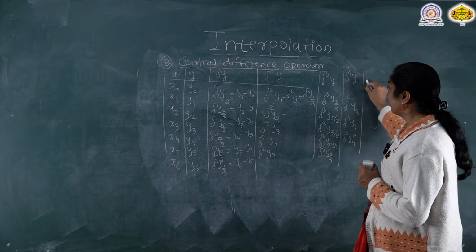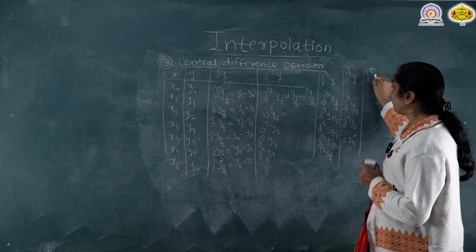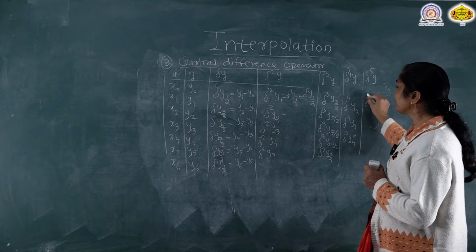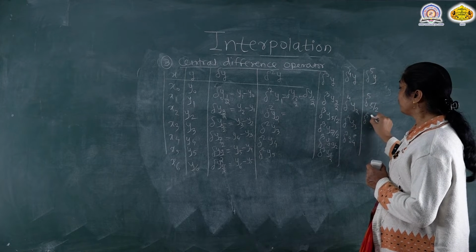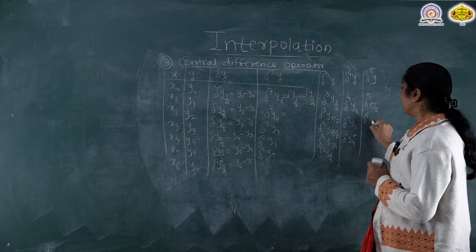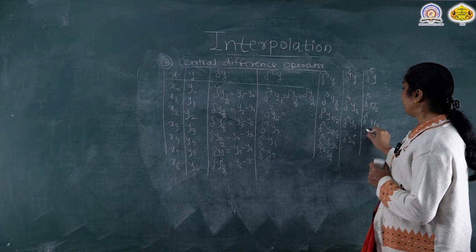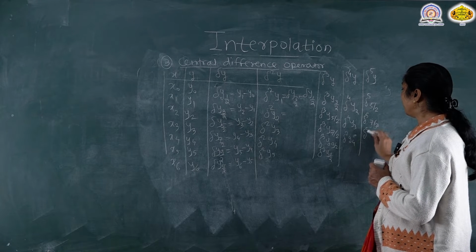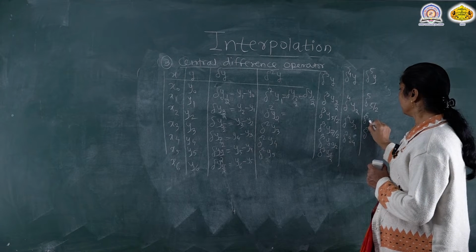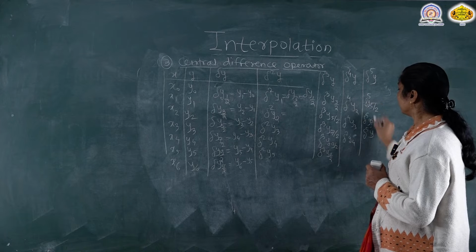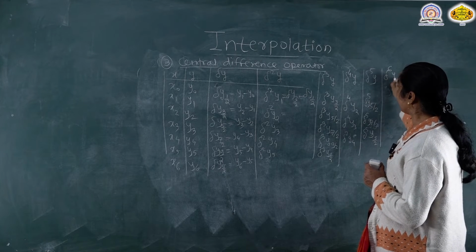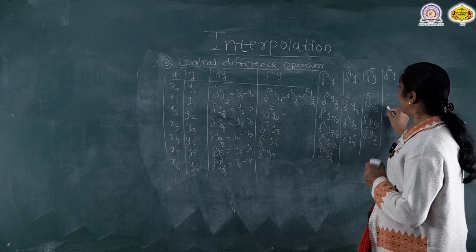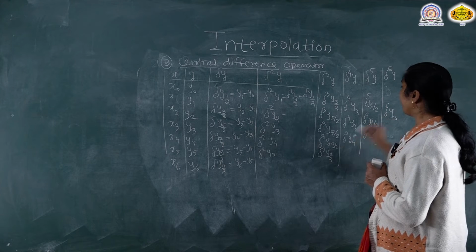When you find delta raised to 5, we will get the values, that is delta raised to 5 of 5/2, delta raised to 5 of 7/2, delta raised to 5 of 9/2. And if you find delta raised to 6 y, then we will get delta raised to 6 of y3.